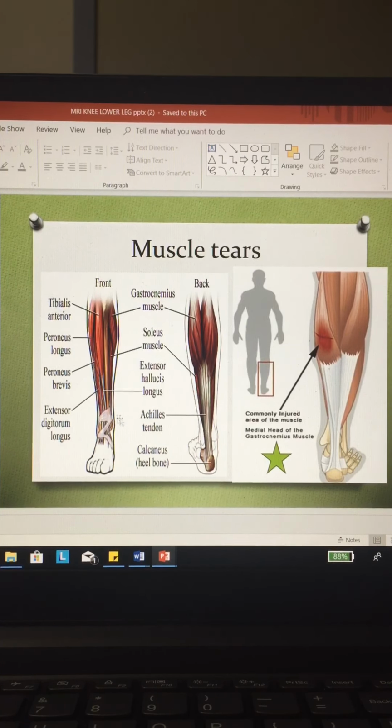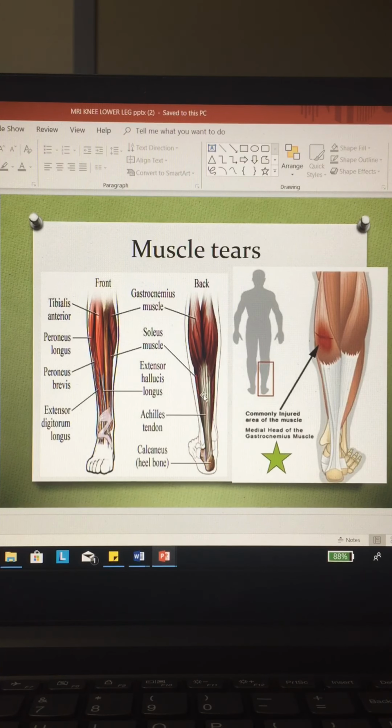You have peroneus longus muscles and peroneus brevis muscles. This is in the front of your lower leg. In the back of your lower leg, you think of gastrocnemius, then the soleus muscles, okay?